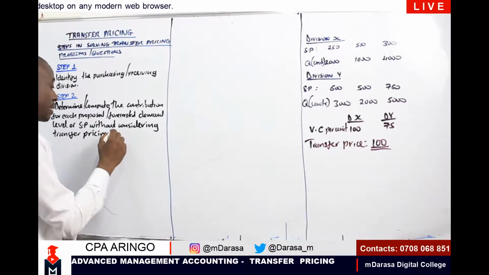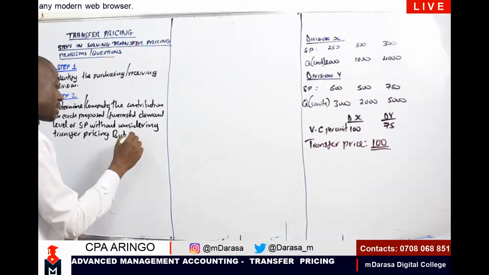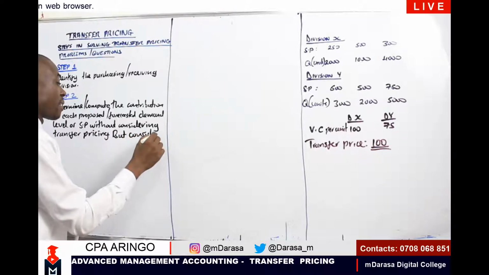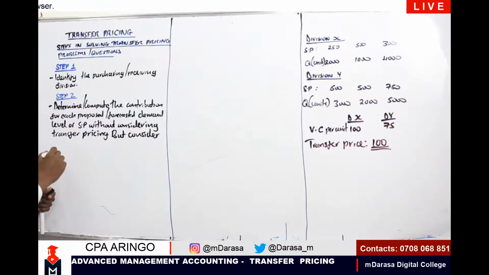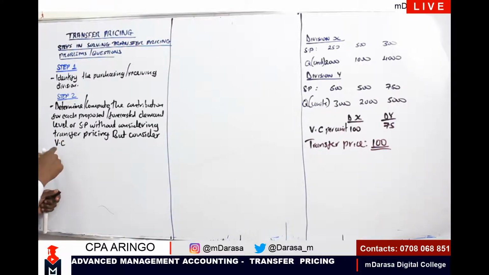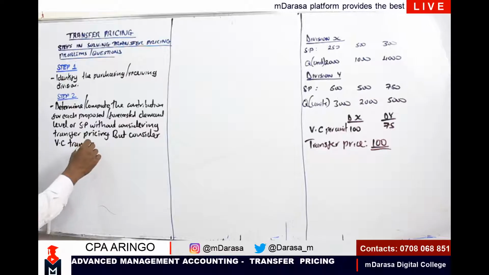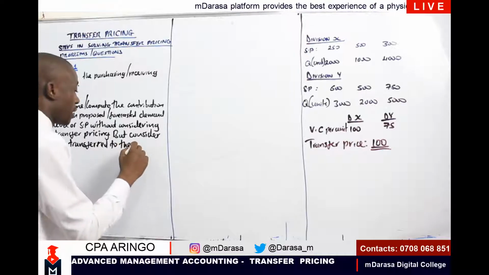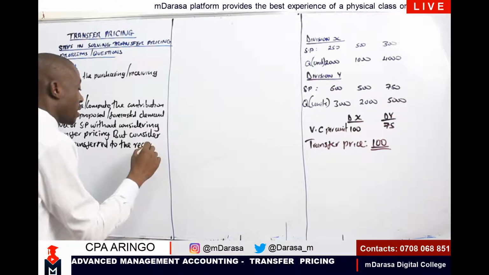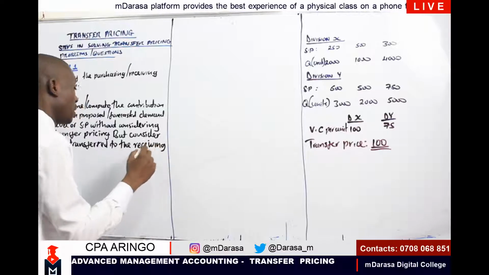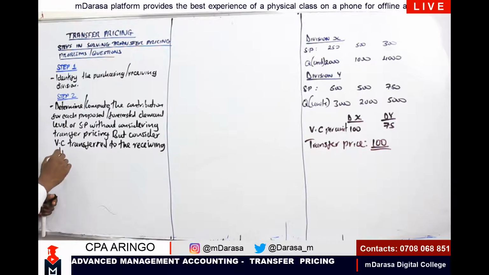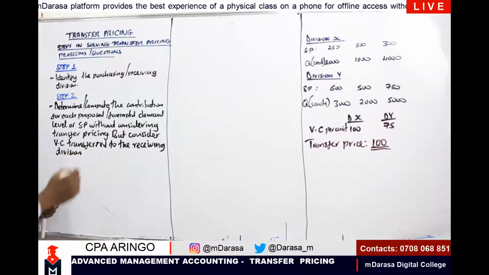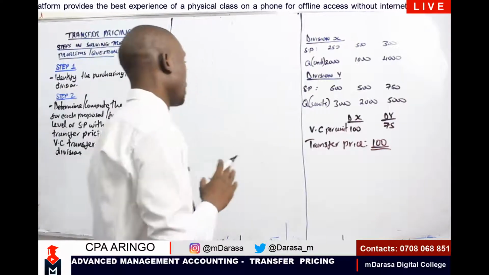But consider the variable cost (VC standing for variable cost) transferred to the receiving division.